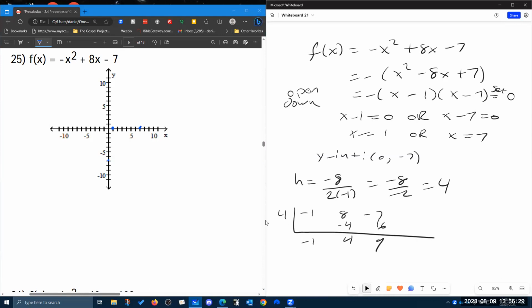So 4, 9 right there, and that puts my axis of symmetry at x equals 4. That puts this point that is 4 to the right at the same y coordinate over here. And that gives me a parabola that looks like so.